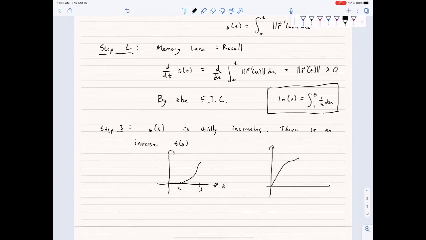Something like that. So it goes from A to B, and this is 0 to L. So the idea is you take this picture and reflect, and you get the inverse function. This is a graph of the inverse function, T of S.